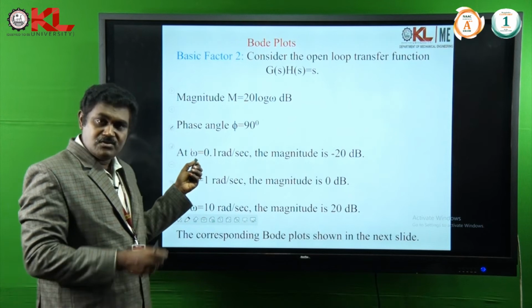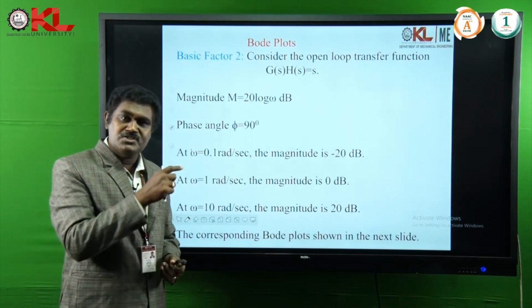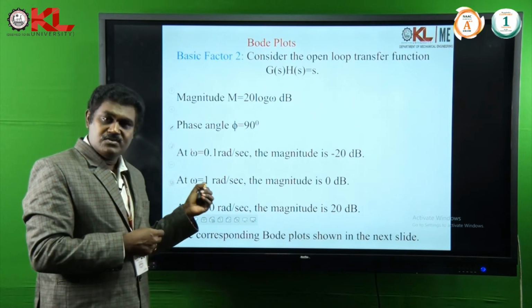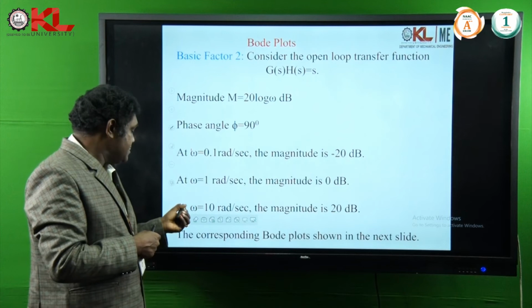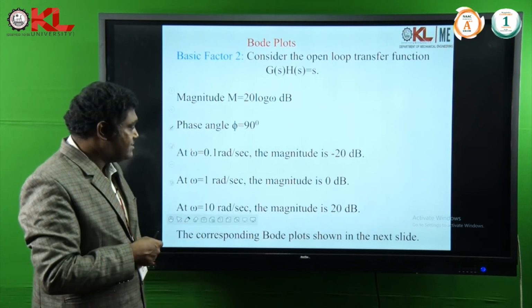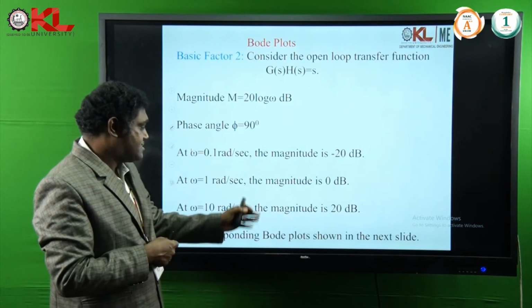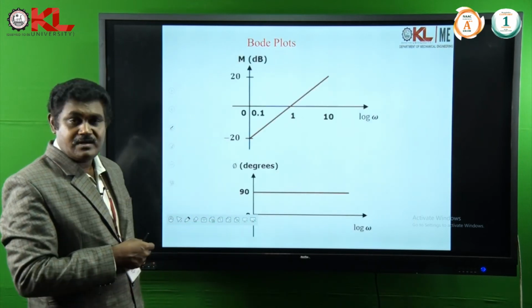If omega is equal to 0.1 radians per second, the magnitude is minus 20 decibels. If omega is equal to 1, the magnitude is 0. If omega is equal to 10 radians per second, the magnitude is 20 decibels. With this information, we can plot the magnitude plot.